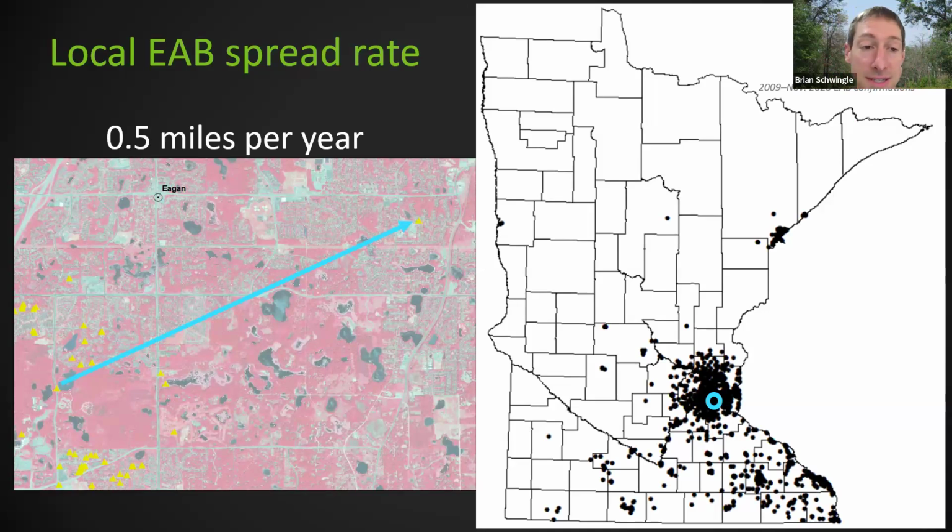And actually, this is true too in Stearns County, southwest of St. Cloud, if you know where St. Cloud is. So it's not just the metro where it was moving, at least at first, at half a mile a year. It's in rural central Minnesota too. I expect the spread to be even slower up north.